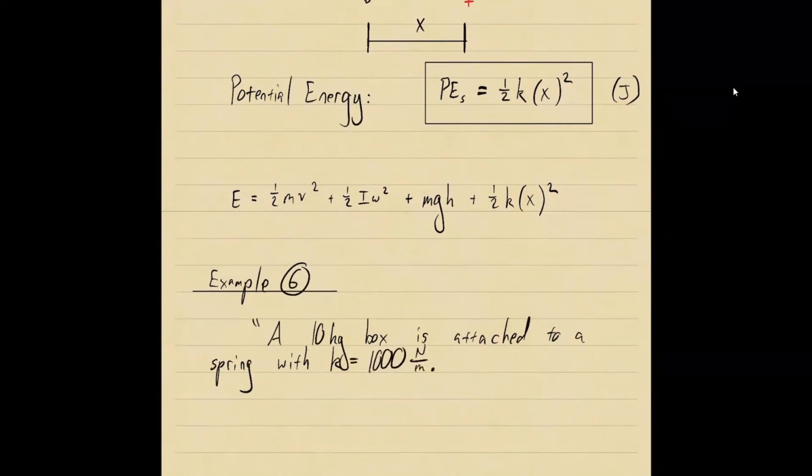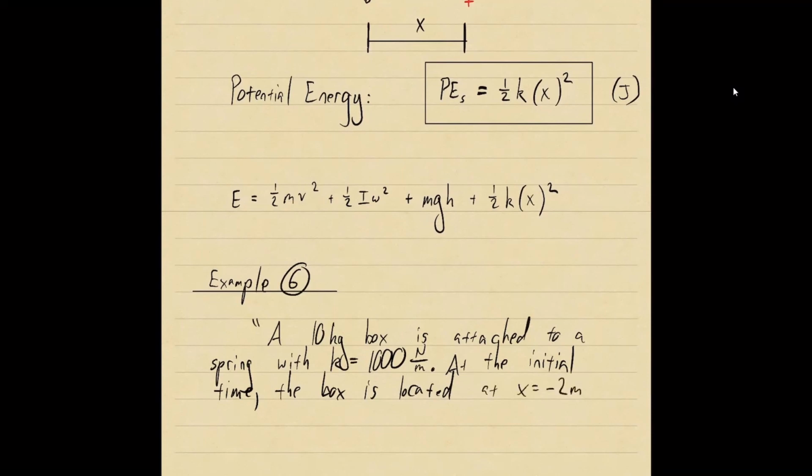At the initial time, the box is located at x equal to -2 meters, and it moves with a speed of 10 meters per second to the right.